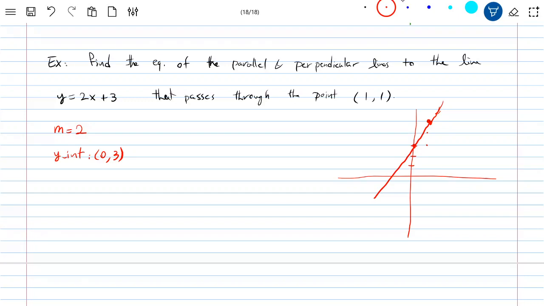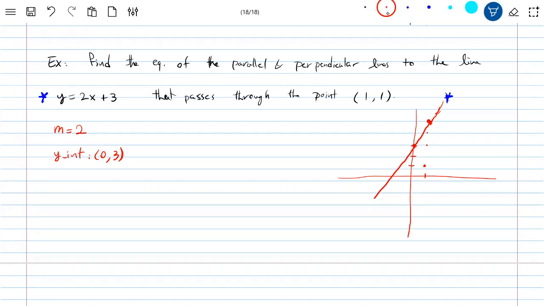Okay. So now this is the equation of this given line. Call it star. You can call it line 1, line 2, whatever you want. Okay. Now what do we want? You're given a point. The point given is 1 and 1. Here is the point 1 and 1. And I want two things.